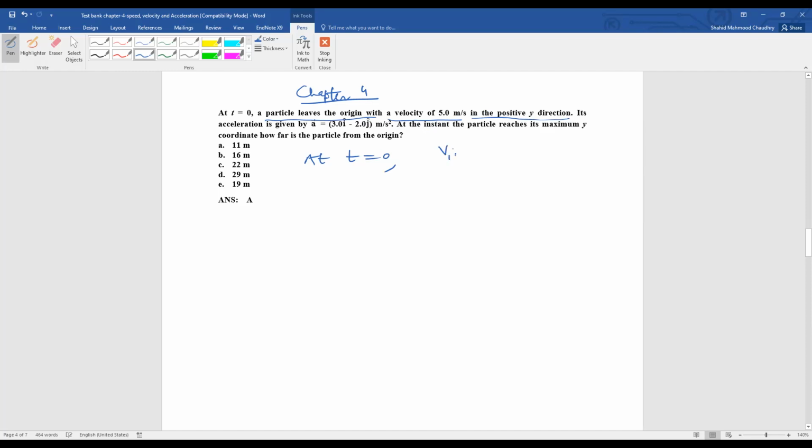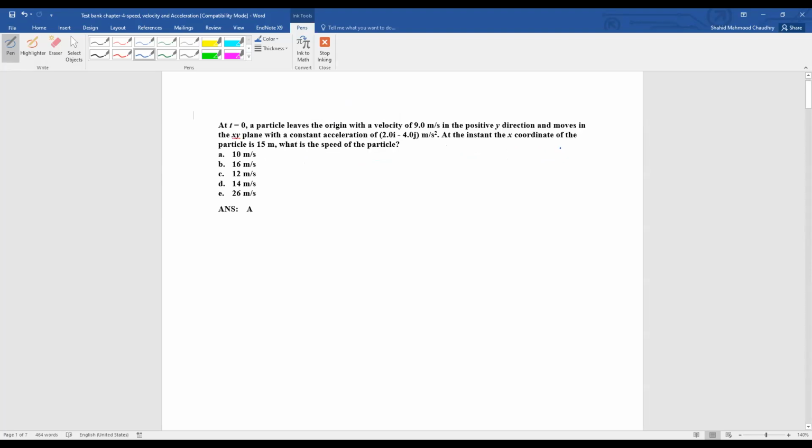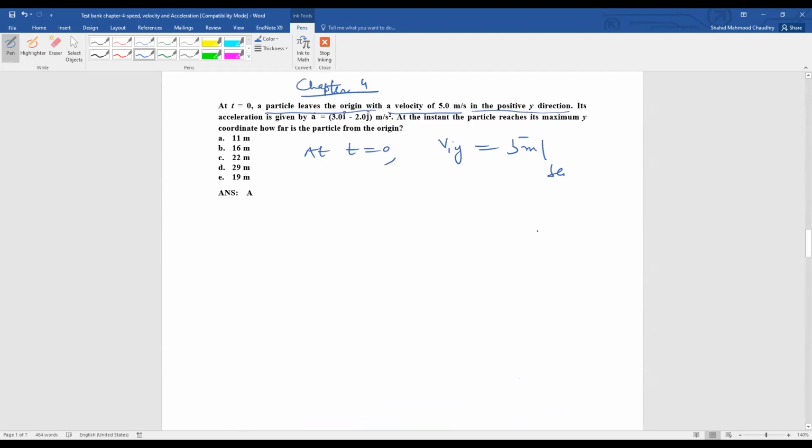So it means it is Viy, 5 meters per second. Its acceleration is given by 3i minus 2j. From here, you can derive that Ax is equal to 3 and Ay is equal to minus 2.